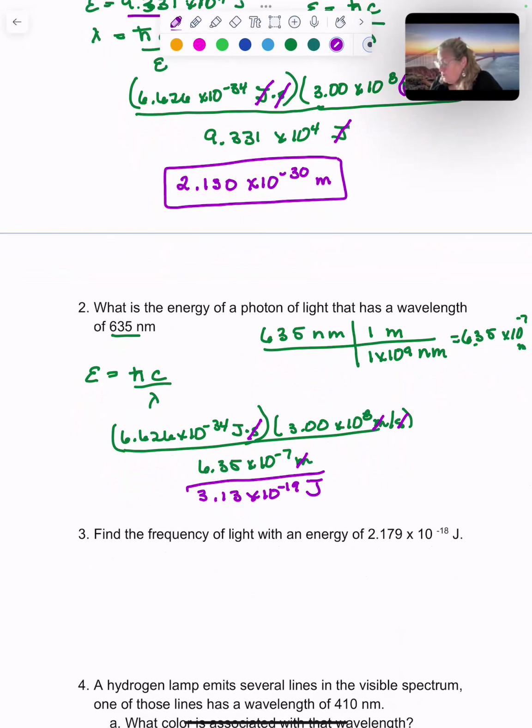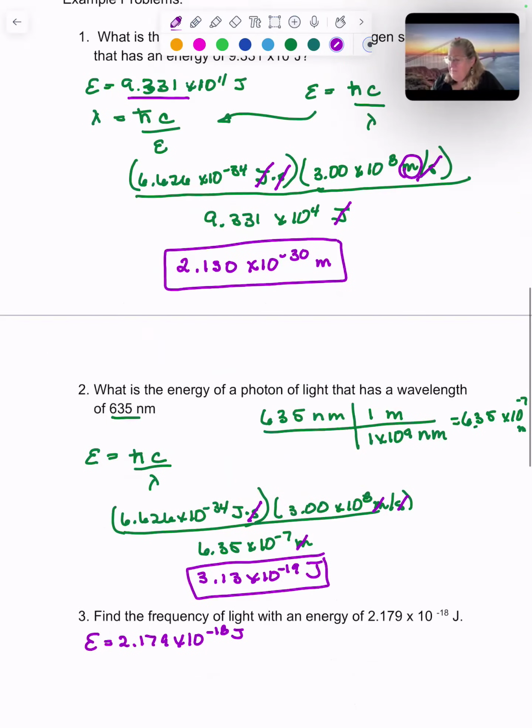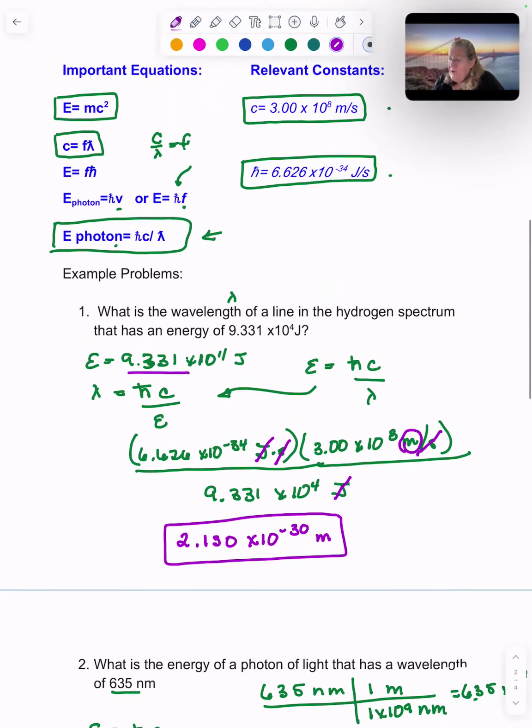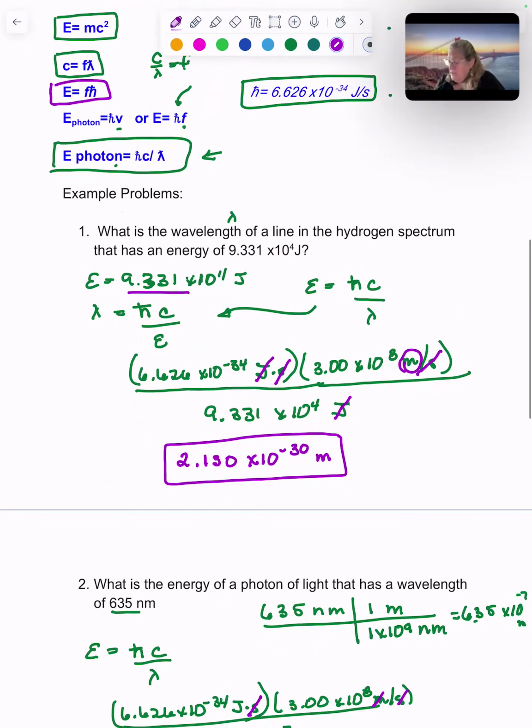Find the frequency of light with an energy. Okay, so we have an energy. So if my energy is 2.179 times 10 to the minus 18 joules, and I want to find frequency. Well, if we go to our energy equations, energy is frequency times Planck's constant.